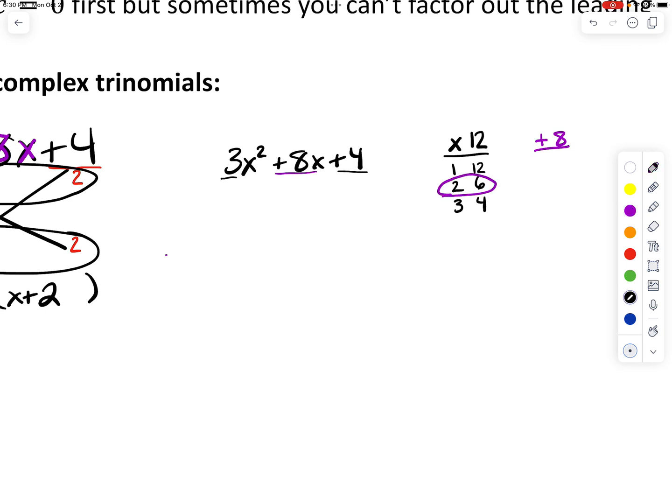2 and 6. So I'm going to decompose this. That 8x, I'm going to change into a plus 2x and a plus 6x.